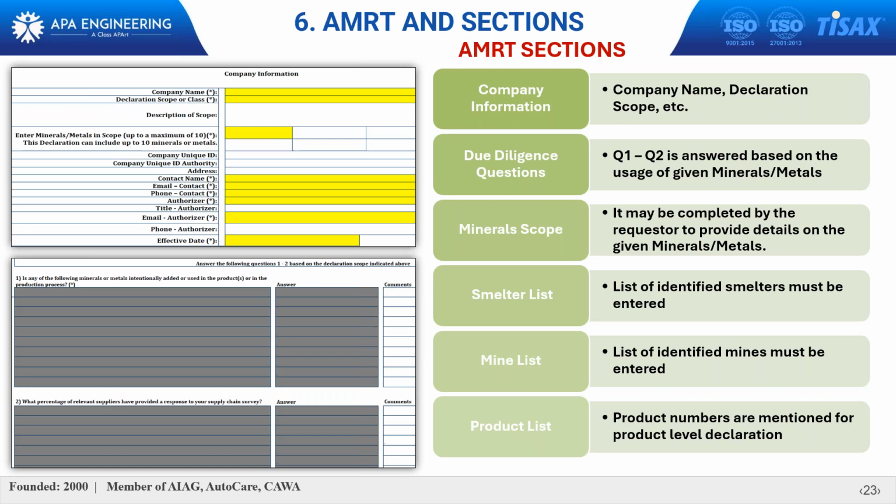It may be completed by the requester to provide details on the given minerals or metals. The fourth section contains the smelter list tab, which requires a list of smelters present in your supply chain. The fifth section contains the mines list tab, which requires a list of mines present in your supply chain. The sixth section is the product list tab, which needs to be entered only if the declaration scope is selected as a product level. Next slide.